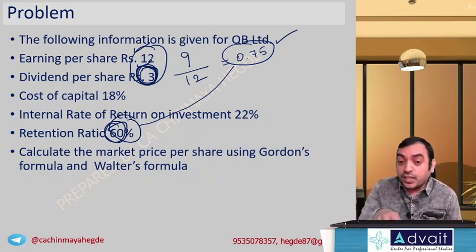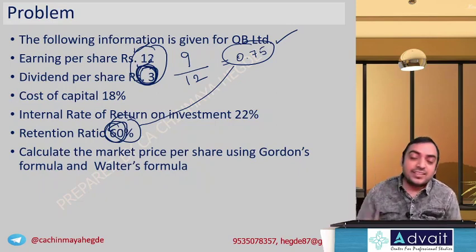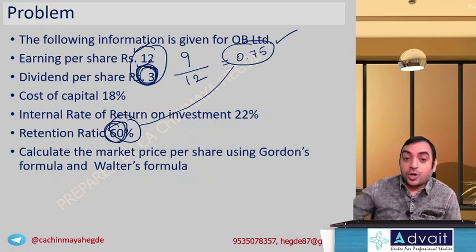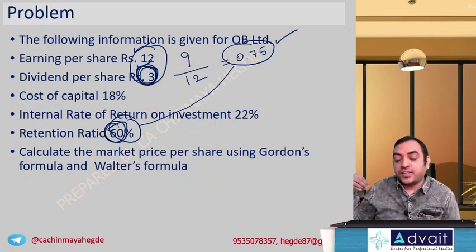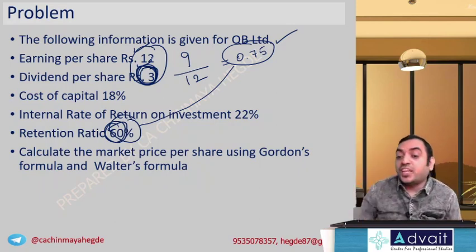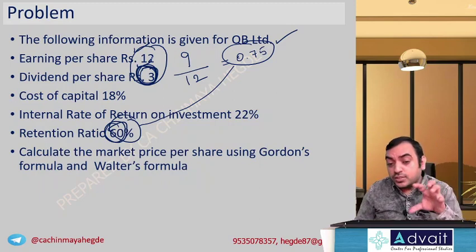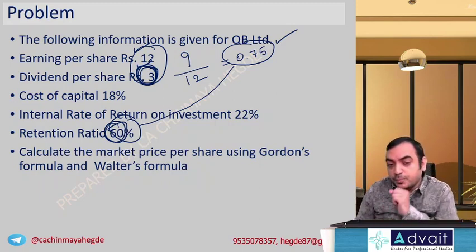But if you take 3 rupees dividend and 60% retention ratio, they will not give marks. Because if 3 rupees is used, the retention ratio is 0.75. If retention ratio 0.6 is used, dividend of 3 rupees cannot be used. So either use the recomputed dividend and retention ratio of 60%, or use dividend of 3 rupees and retention ratio of 0.75.